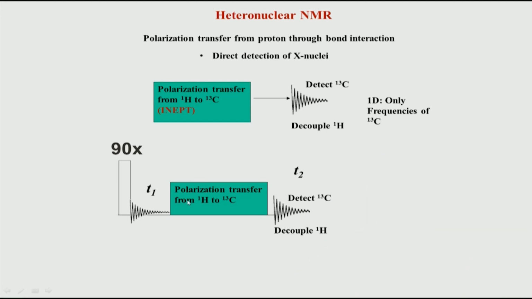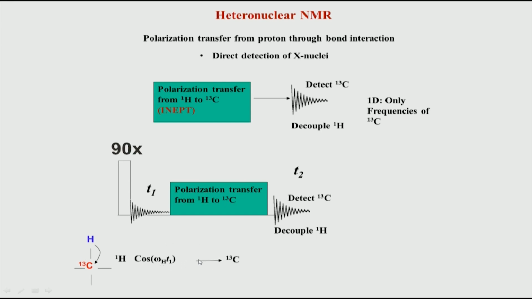So, what has happened? We started from hydrogen, evolved the hydrogen with its chemical shift, then transferred the polarization to carbon, then detected the carbon. Now, if you look at it mathematically, we start from proton and apply a proton pulse first, which gives me a frequency of proton during evolution, denoted by cosine omega H T1, where omega H is the chemical shift of the hydrogen.